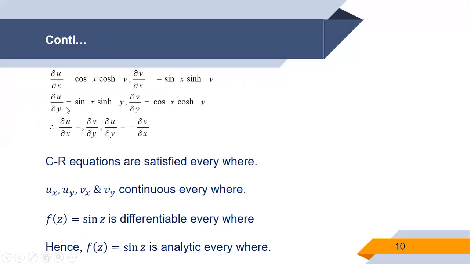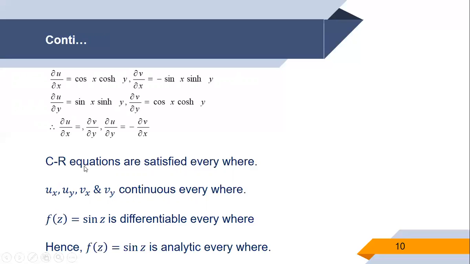After finding all four partial derivatives, we check del u by del x and del v by del y. Both are equal. So obviously del u by del x is equal to del v by del y, and del u by del y is equal to minus del v by del x. That means ux is equal to vy, and uy is equal to minus vx for all values of x and y.